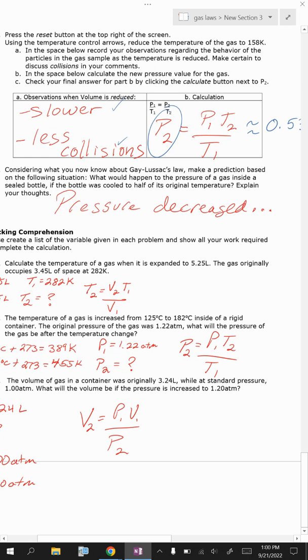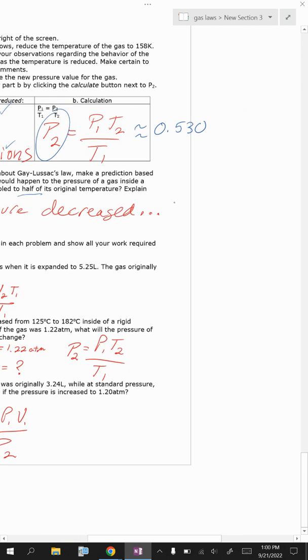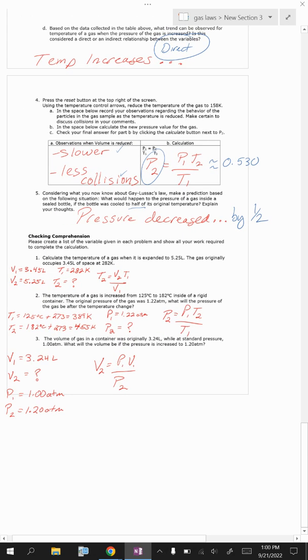In this one, if we manipulated the temperature by 1/2 its original temp, then that means that the pressure decreases by 1/2, because that's a direct relationship.